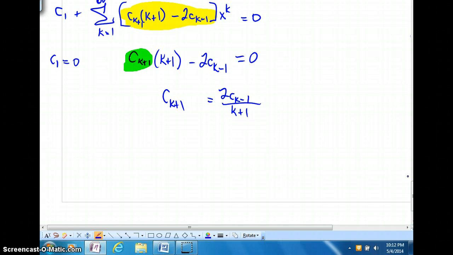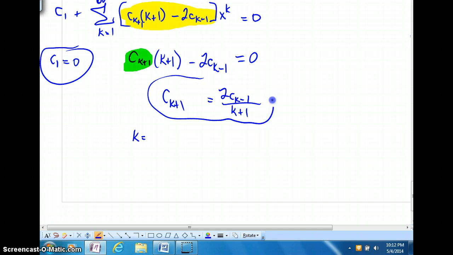Well, now what we're going to be able to do real quickly is begin to generate our c sub k's. I already know that c sub 1 equals 0 right here, but let's find out what would happen in this generation, in this equation right here, if k were to equal, say, 1.